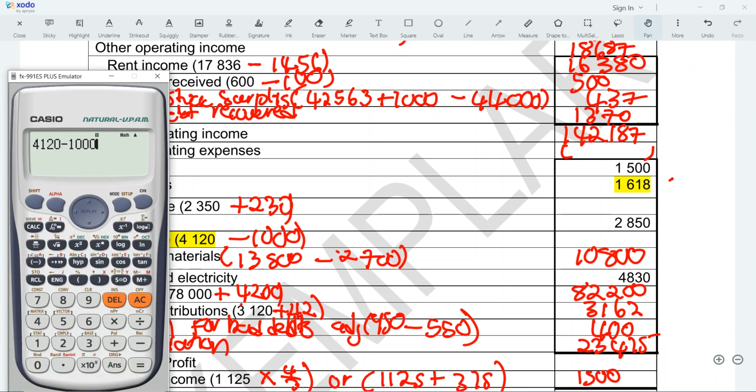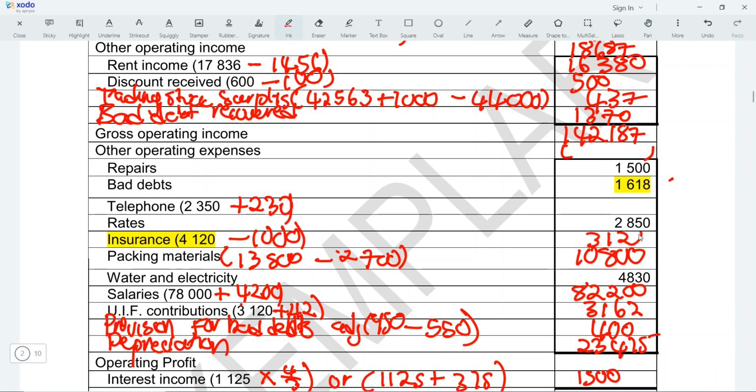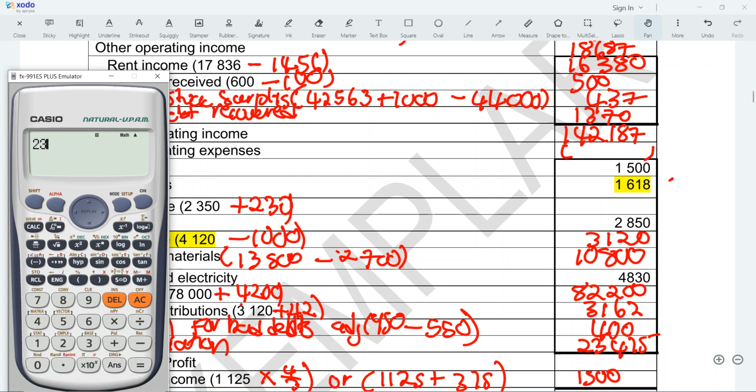So we'd have that 3,120 here, and then we'd have telephone also 2,350 plus 230. It is giving us 2,508, and then from there, what you do, you just add this and get the total.